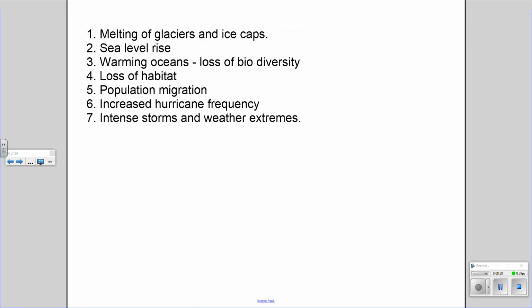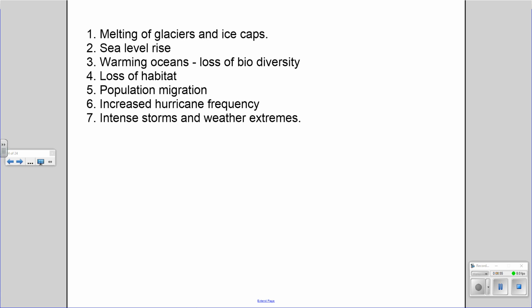Now, what are the effects of a warming planet due to the greenhouse effect and burning of fossil fuels? One, you have melting of glaciers and ice caps. We know that glaciers all around the world are dwindling down. And also, we know the decrease in the ice caps. From that, as a result, you have sea level rise.